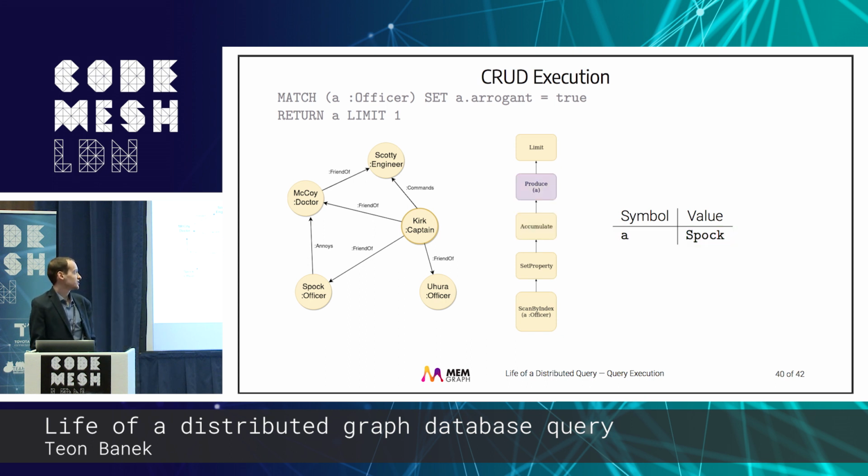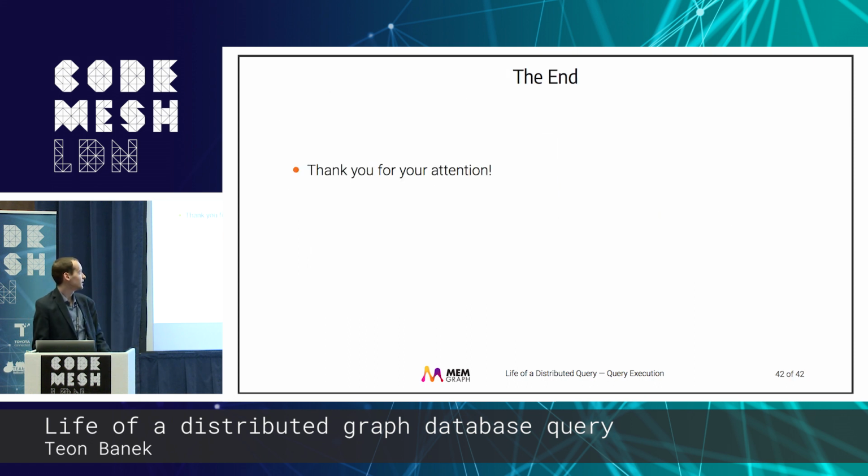The produce doesn't really have to do much in this case. We only have to limit the results. Since this is the first result, we just produce it back to the user. And then another pull on limit will say, oh, I'm done. We only want to limit one result. So we are back to the end.